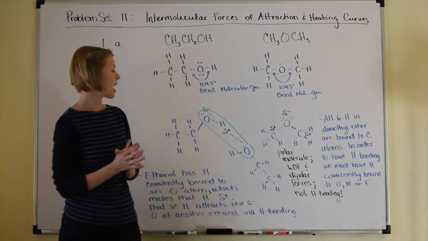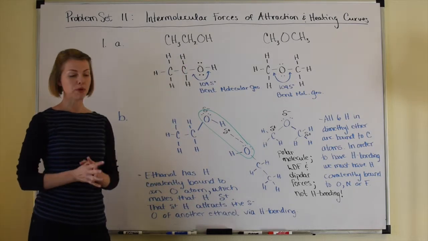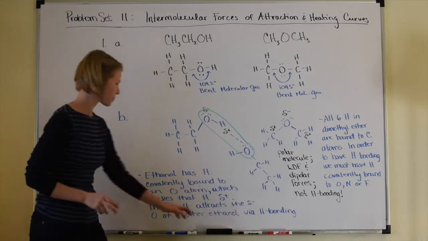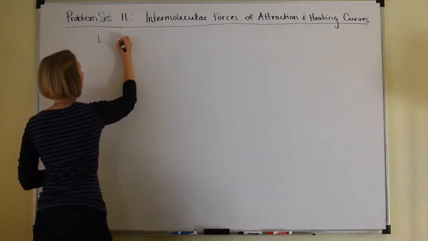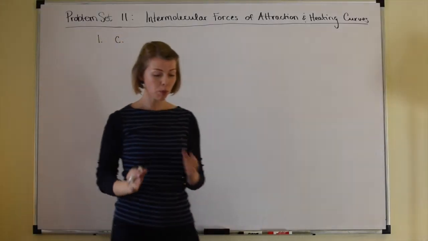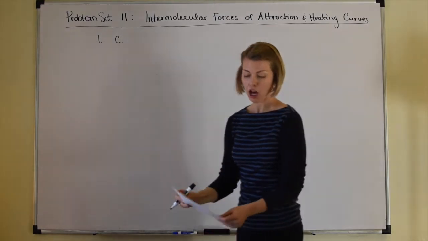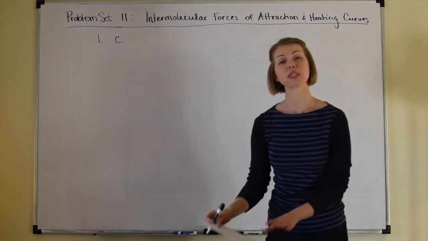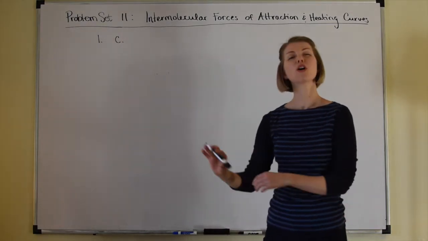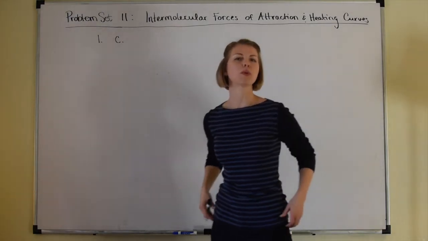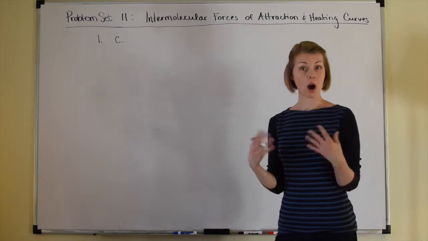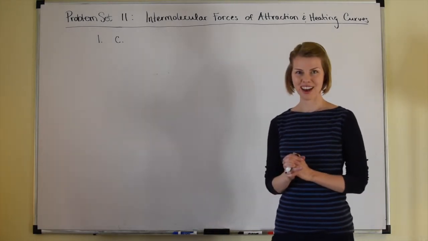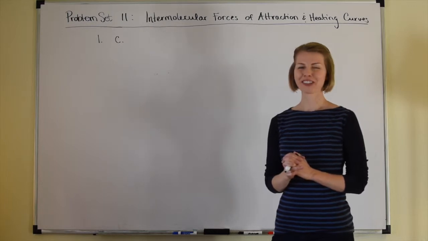All right, so let's go ahead and erase all of this before we go on to part C. Okay, still number 1, but now part C. Draw 2 molecules of ethanol and show a hydrogen bond using a dotted line between them. We did that in part B already when we were explaining why it's capable of hydrogen bonding, but it's still good practice to do it again in every introductory chemistry class.